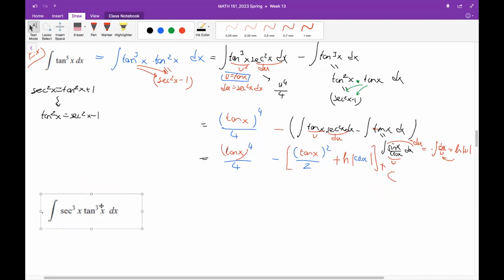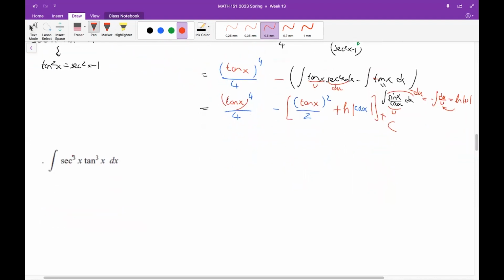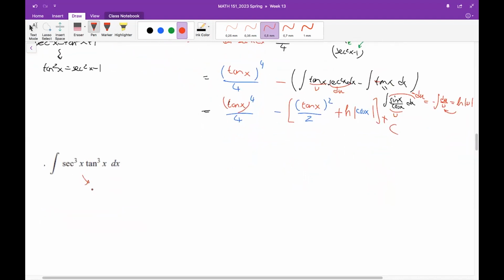So can I move on? Any questions? I think since this is very similar to what we did above, I will leave this one as an exercise for you. You should try it by yourself. Getting used to solving integral questions can be done, I mean, you shouldn't just read the question.